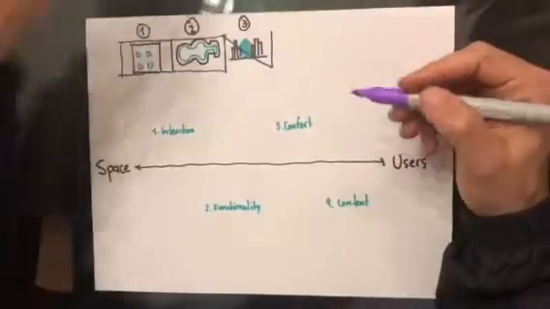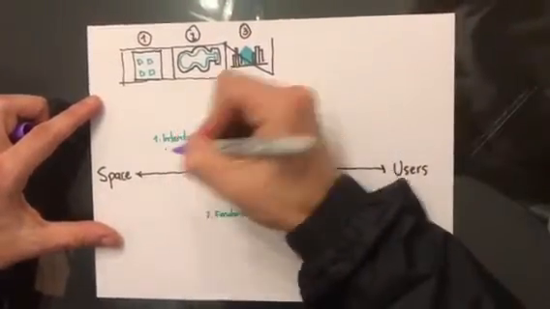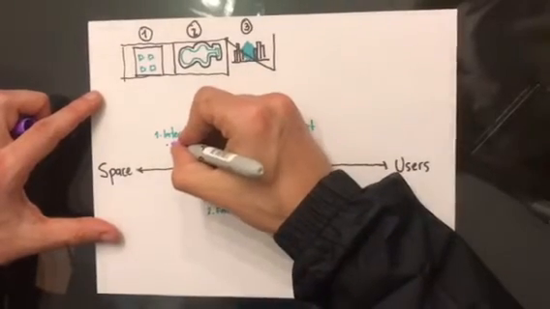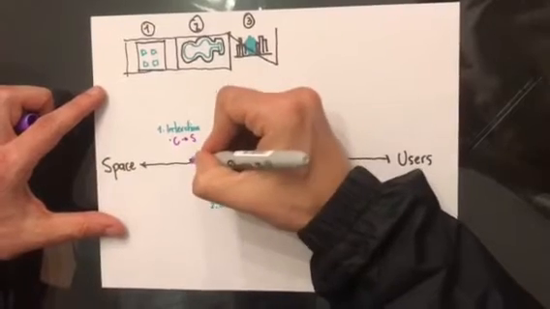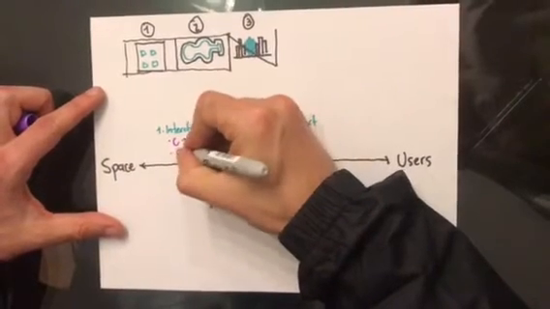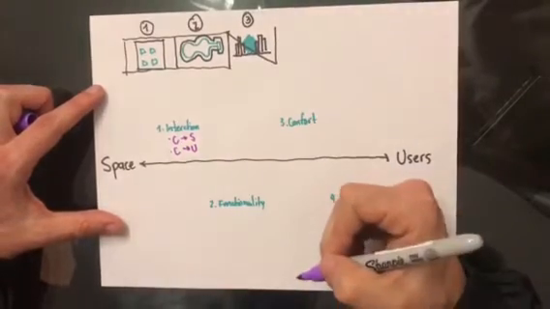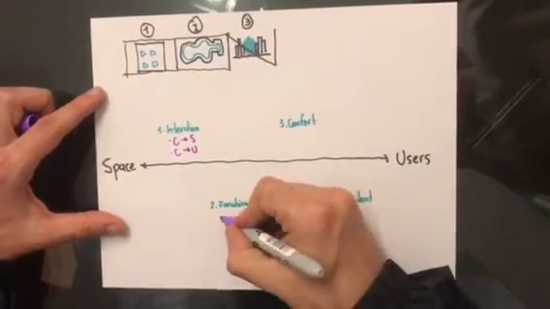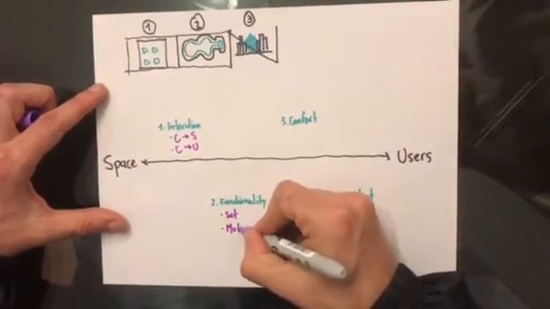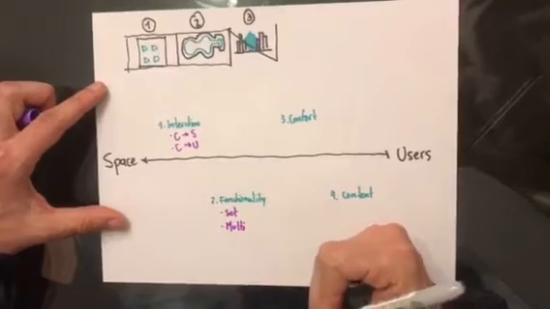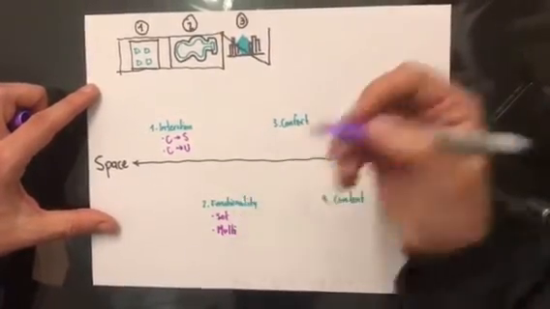Within these parameters, there are subparameters. Let's say in interaction, we'll have interaction between content, space. We'll have content, user. In functionality, we'll have a set space and a multi-meaningful space that can change.